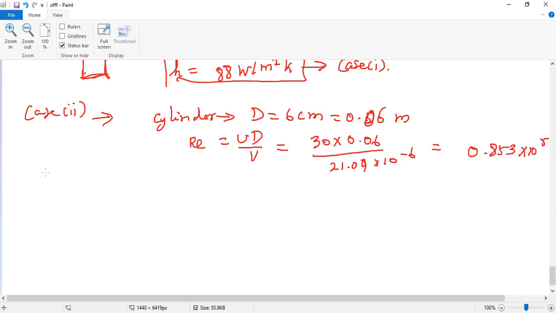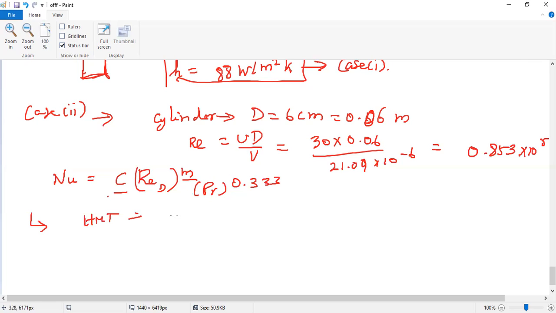We already know that for this cylinder section the Nusselt number is C times Re to the power m times Pr to the power 0.333. We get the C and m values from the HMT data book, page number 116, 8th edition.